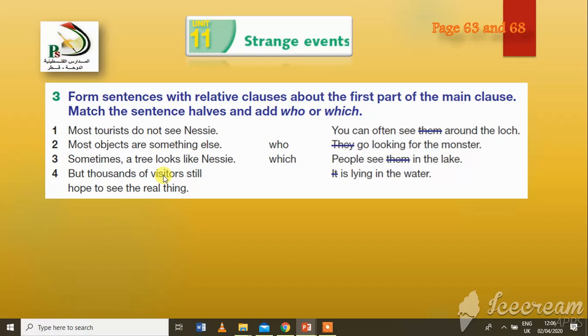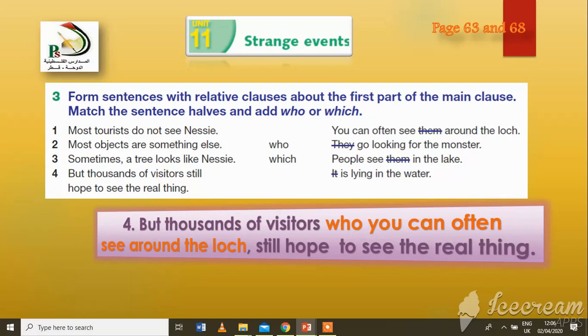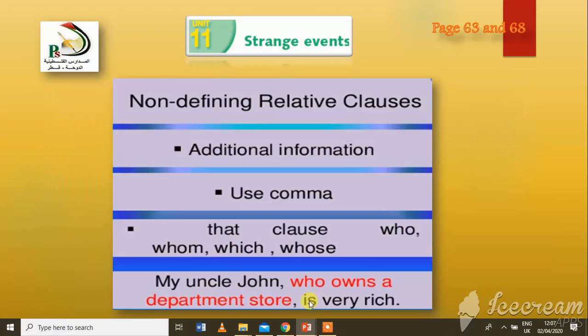I did number 4 for you: But thousands of visitors who you can often see around the loch, this is called loch and it is for lake, still hope to see the real thing. So here you have to bring the relative clause in the middle of the sentence. 1, 2, 3. Match it and send me the written work.